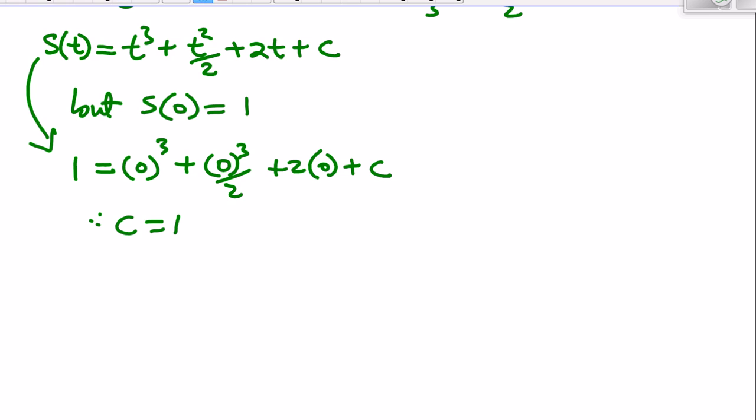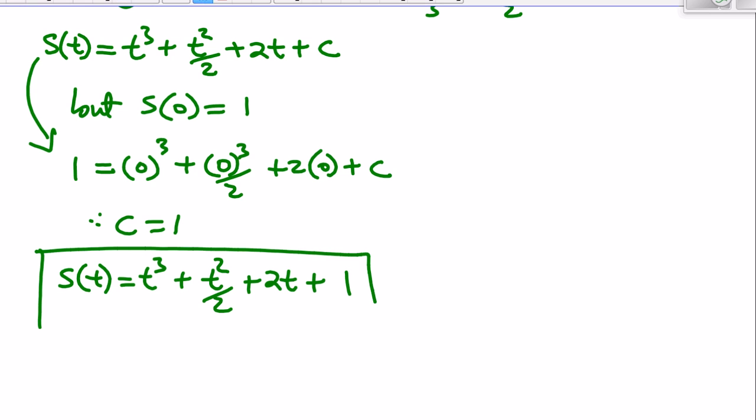So our function for displacement will be s of t equal to t cubed plus t squared over 2 plus 2t plus 1. That is our expression for displacement. Good. Let's look at other questions.